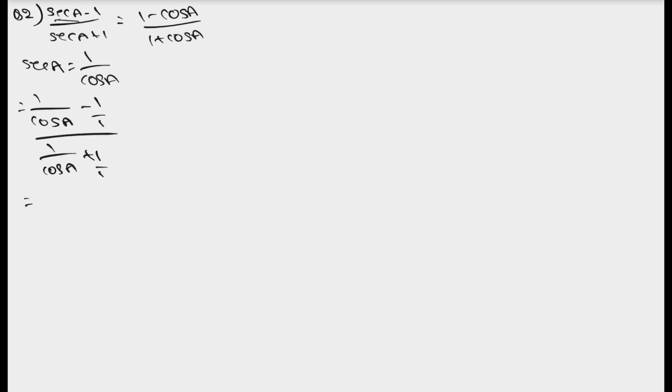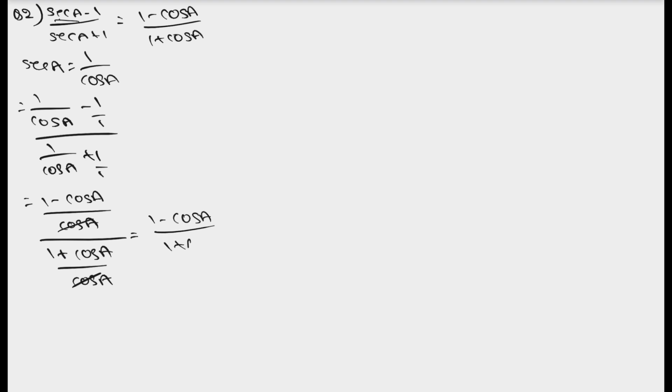LCM is always equals to cos A. 1 minus cos A by cos A and whole divided by 1 plus cos A by cos A. This cos and cos get cancelled, and the remaining answer is 1 minus cos A by 1 plus cos A, which is our RHS value. Therefore, LHS is equals to RHS.